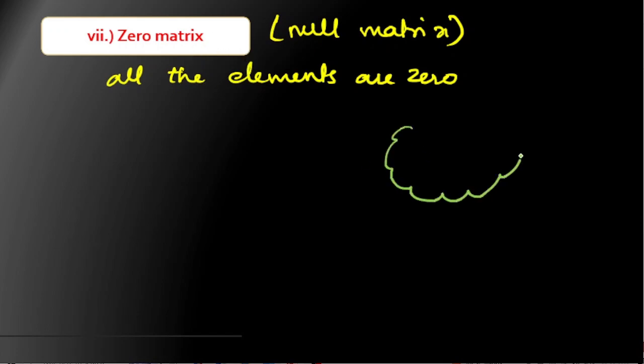A zero matrix can also be called a null matrix, and it is represented by the letter O. Let us see examples of the zero matrix.